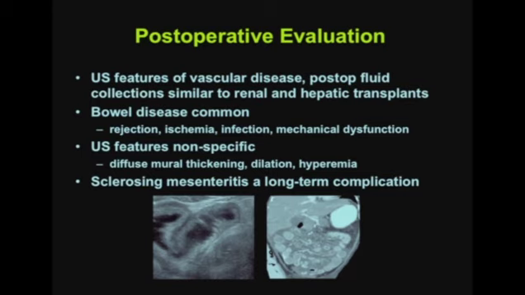The ultrasound features of the bowel disease are often nonspecific. There may be diffuse mural thickening, dilation, and/or hyperemia, and sclerosing mesenteritis is a long-term complication. Here we just see one example of thick-walled bowel with ultrasound, and there's also some thickening and a mild enhancement of the bowel by CT.